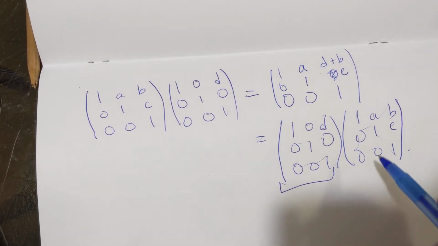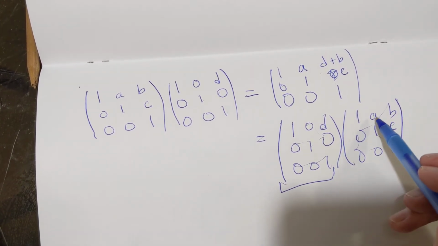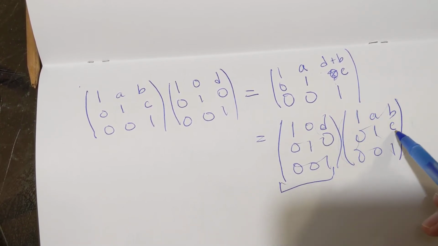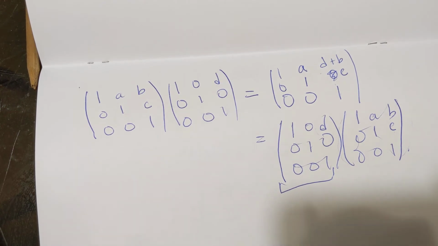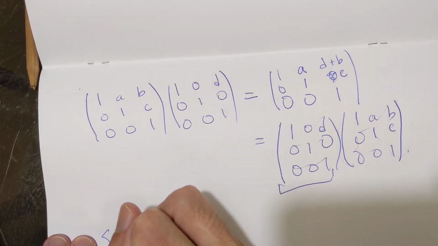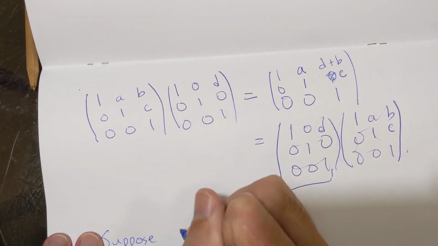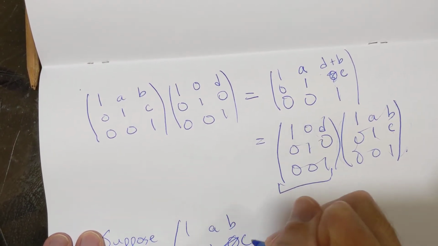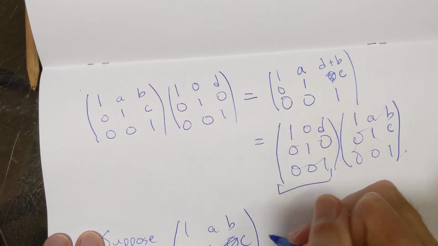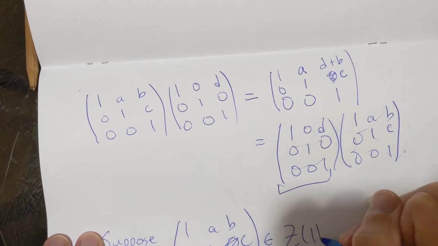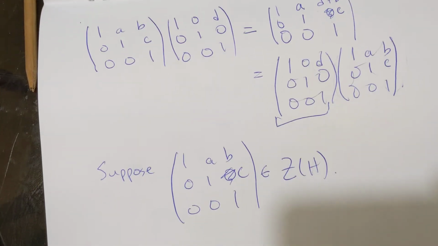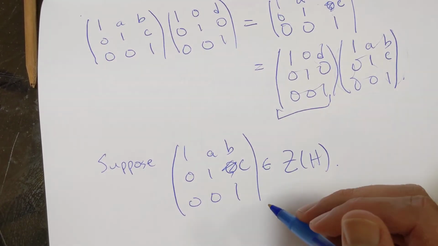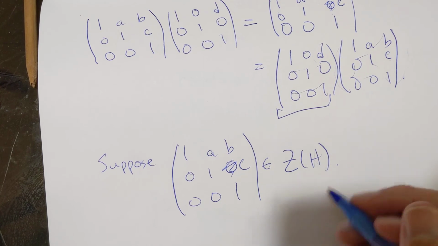So now let's try and prove that if we have a matrix like this in the center, then A equals C equals 0. So now suppose this matrix is in the center of H. Well, then it should commute with any matrix.